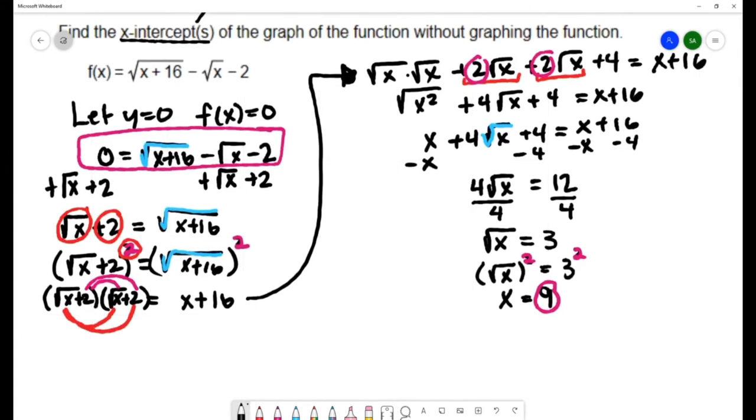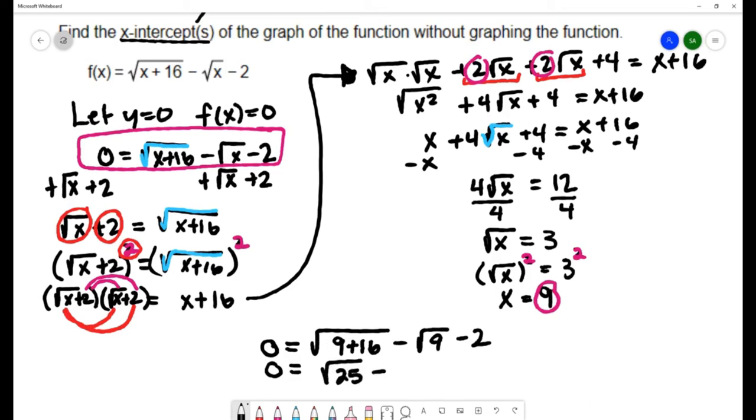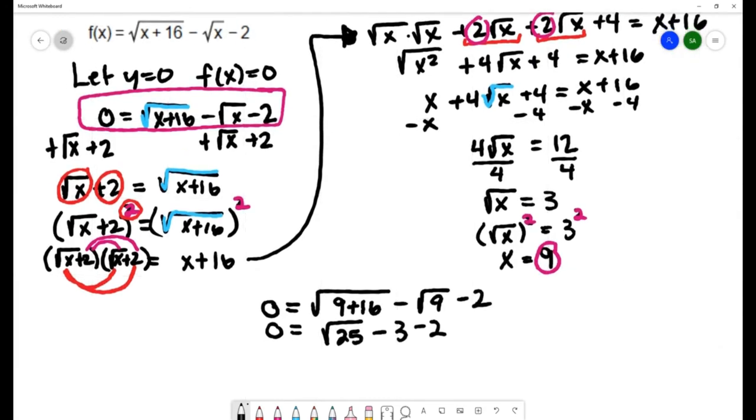So I've got 0 equals the square root of 9 plus 16 minus the square root of 9 minus 2. Square root of 9 plus 16, that's the square root of 25. Square root of 9 is 3. And then square root of 25 is 5.